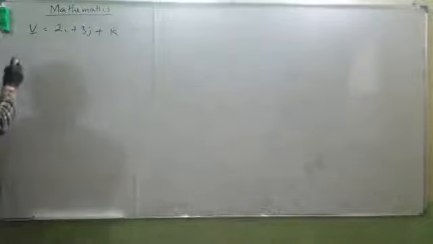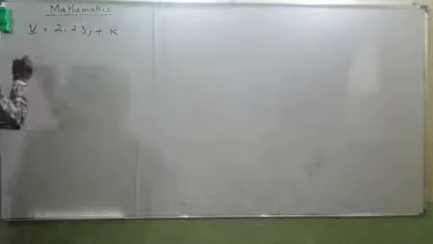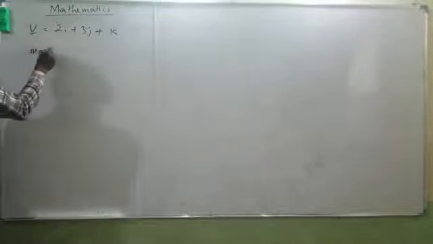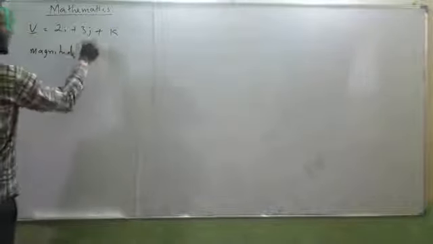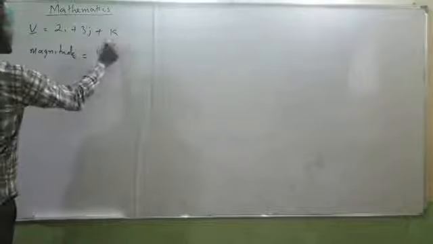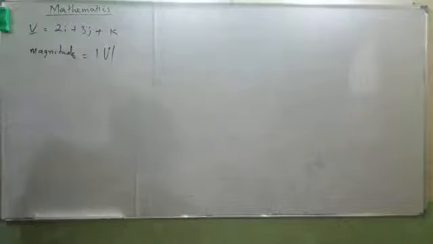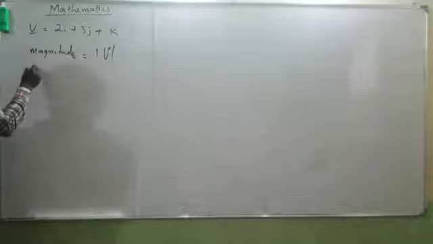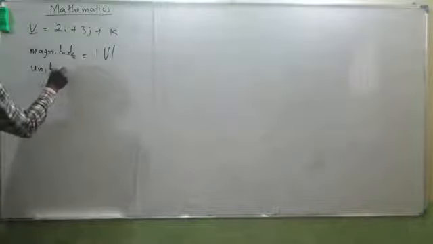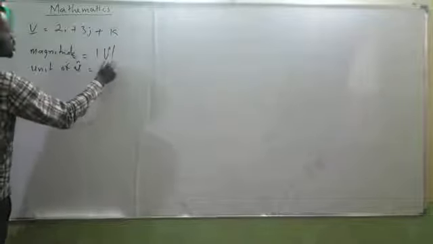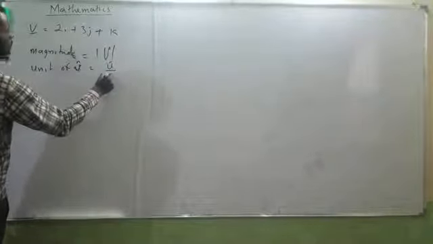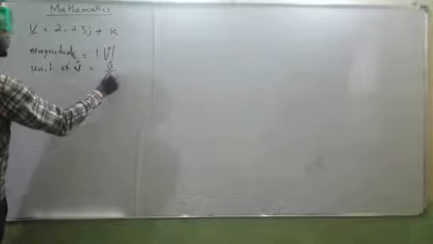Number one, I can find the magnitude. This is how to write magnitude. Now, I can find the unit vector of v. How do I find my unit vector of v? We write it as u, which is v over the magnitude of v.